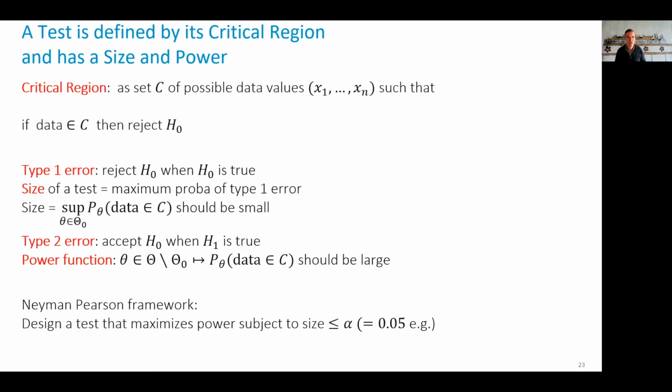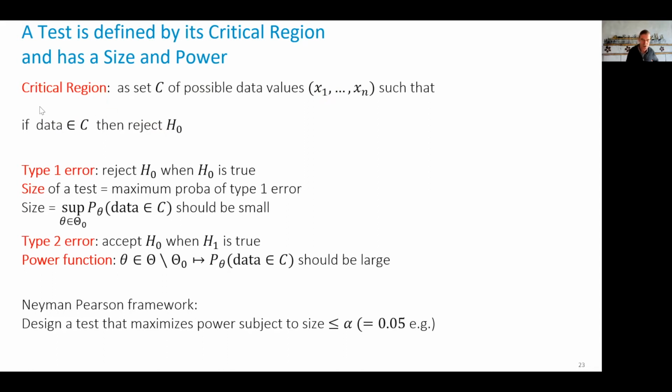Tests use the following language. The critical region of the test is a set of possible data values where we decide to reject the null hypothesis. So if the data belongs to the critical region, the test rejects the null hypothesis.